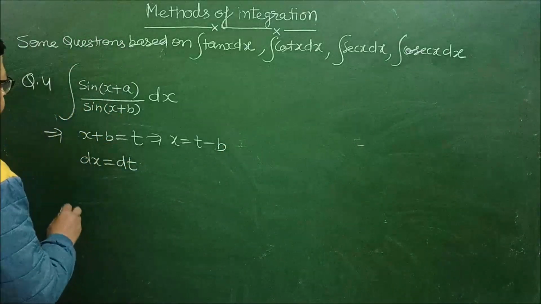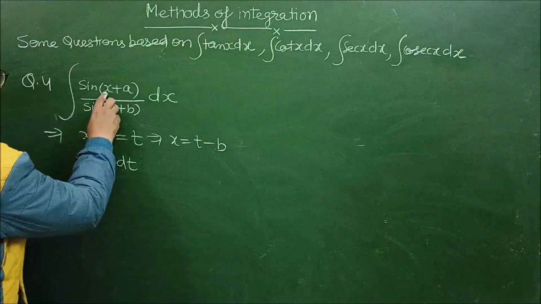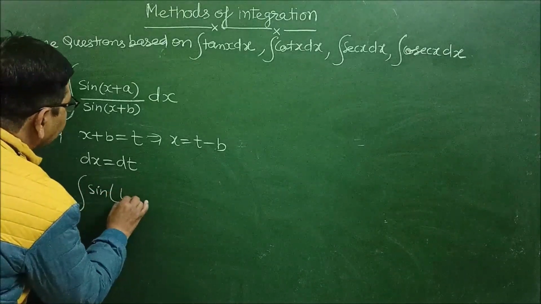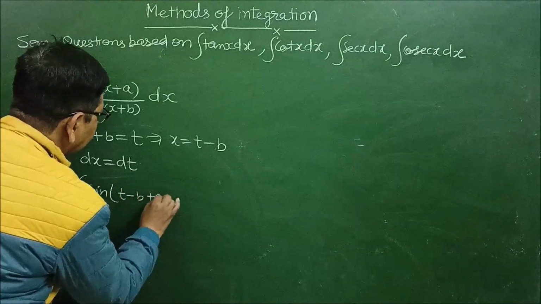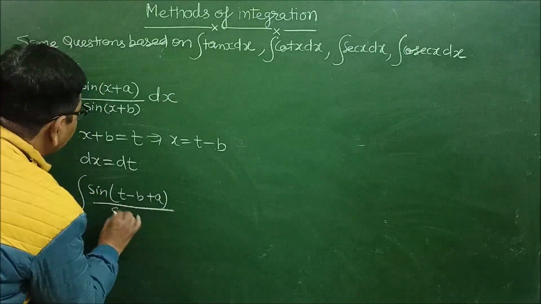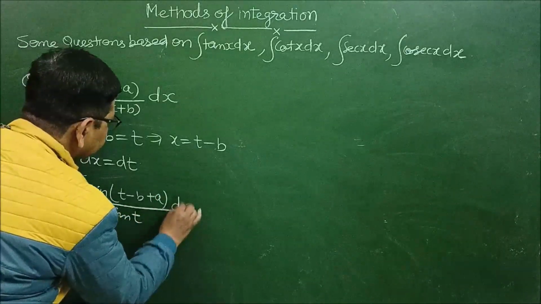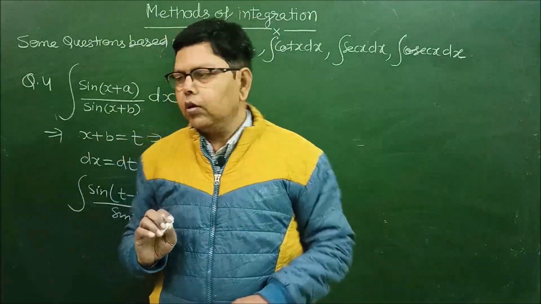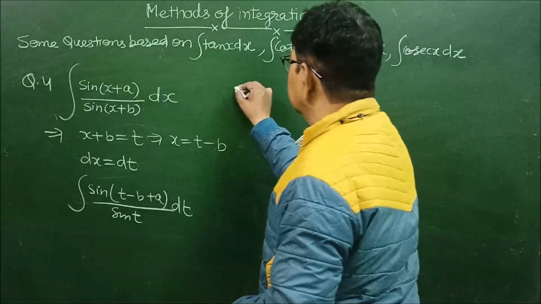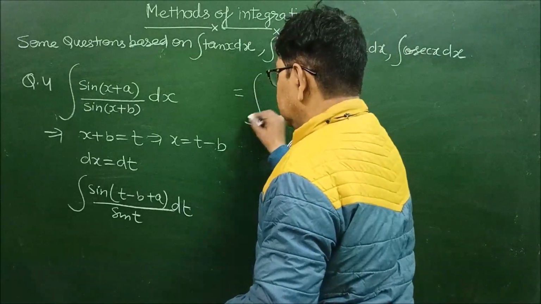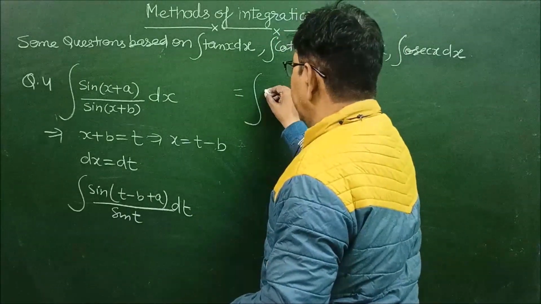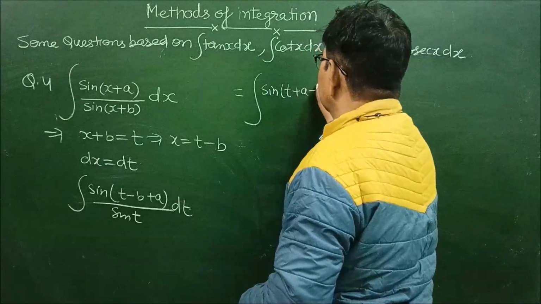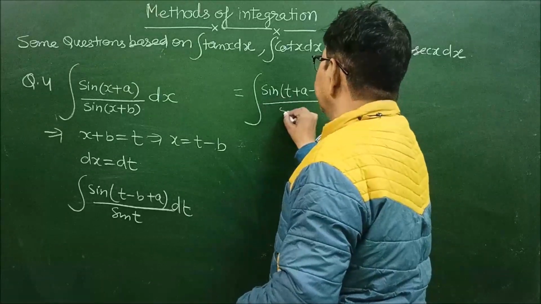So putting x is equal to t minus b in the numerator, we get sine of t minus b plus a upon sine t dt. Now I can write this is equal to sine of t plus a minus b upon sine t dt.